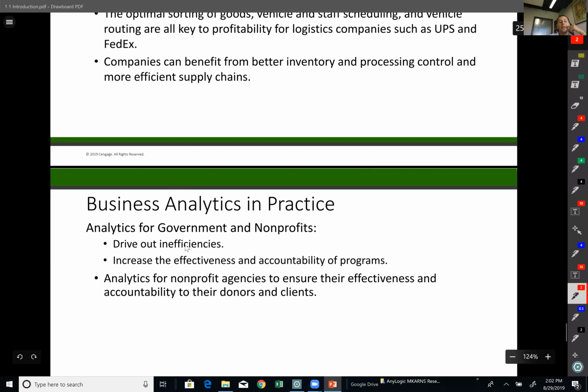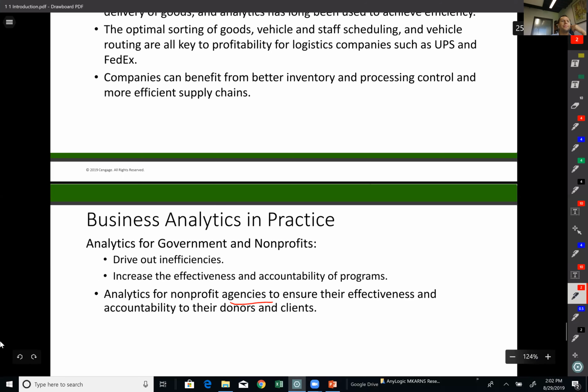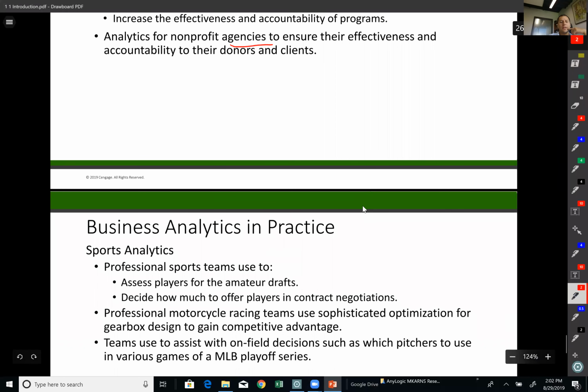Nonprofits and agencies also use analytics to better allocate their resources when there's a disaster or to raise more money, so that you don't have to go and visit every single person, but maybe you will just go to a certain type of people to maximize your donations.